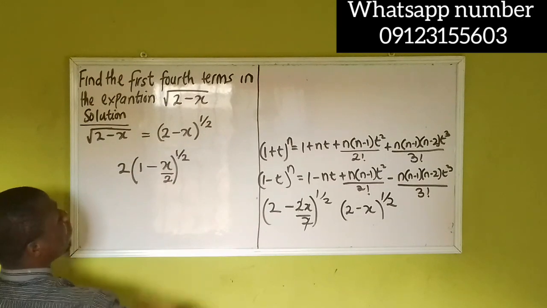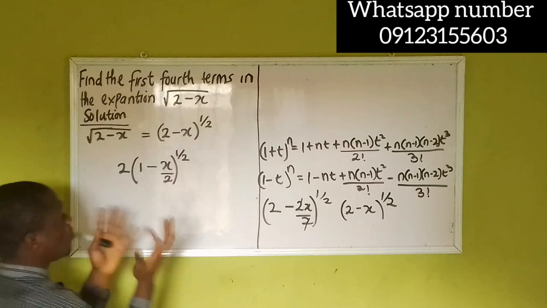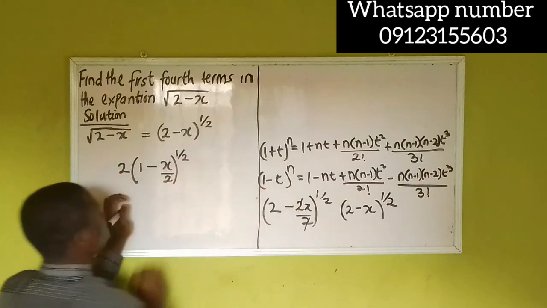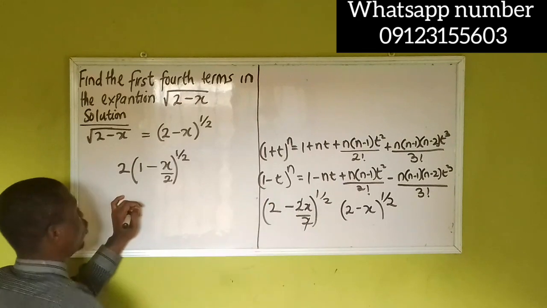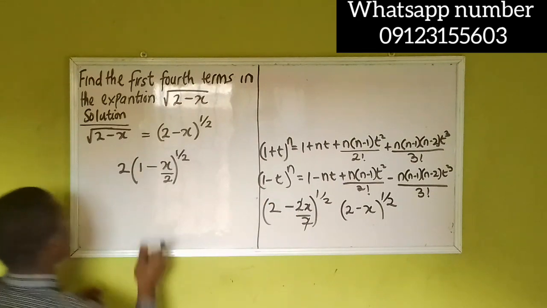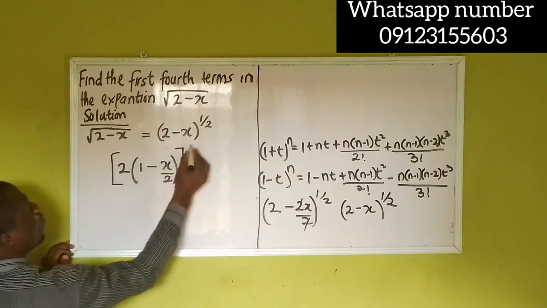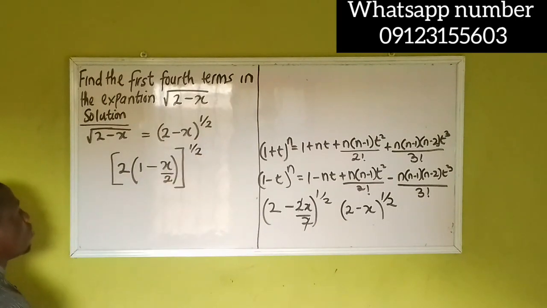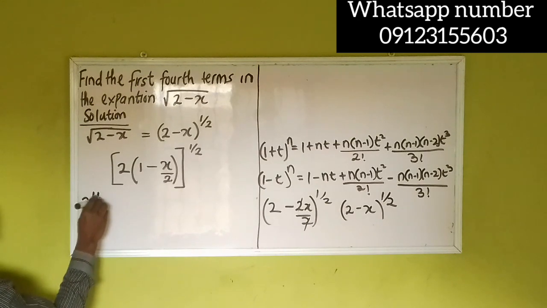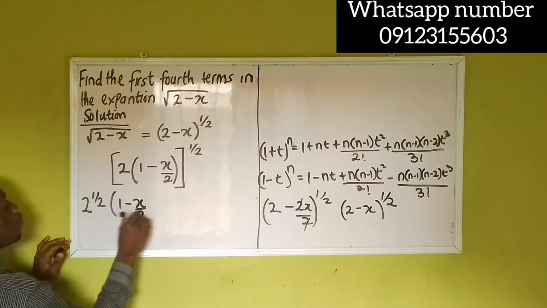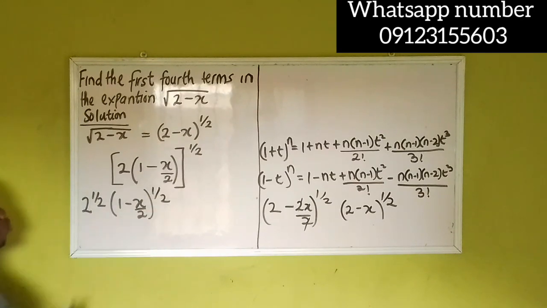So I will express this in this form. After expressing it in this form, if you observe closely, I can equate this now to get my expansion. Now I can expand this by saying 2 to the power of 1 over 2 into 1 minus x over 2 to the power of 1 over 2.